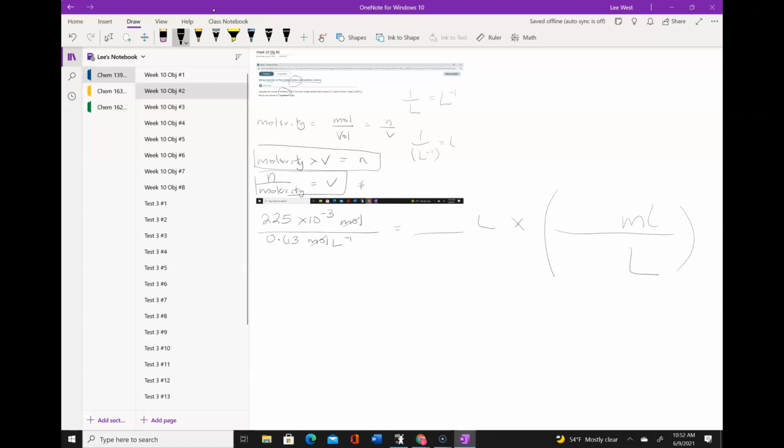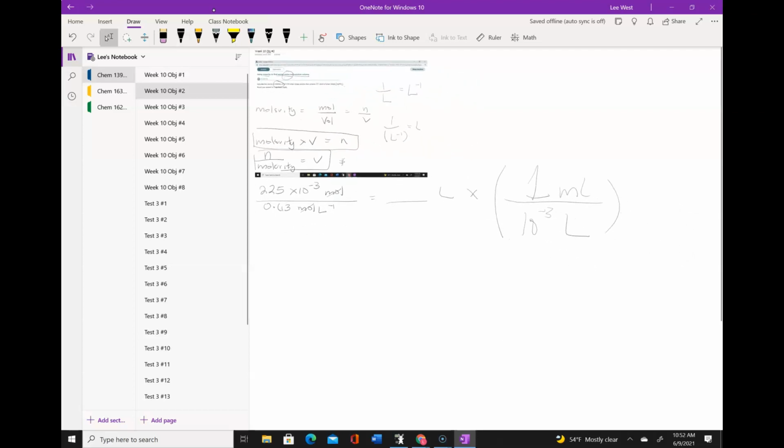Whenever we're doing a conversion using decimal prefixes, the 1 always goes next to the unit label that has the prefix, and the power of 10 corresponding to that prefix always goes next to the base unit. And so there we go, we're going to get our answer.